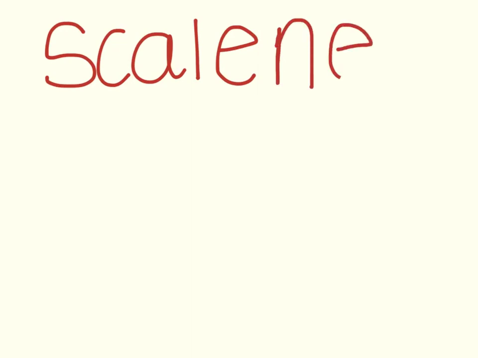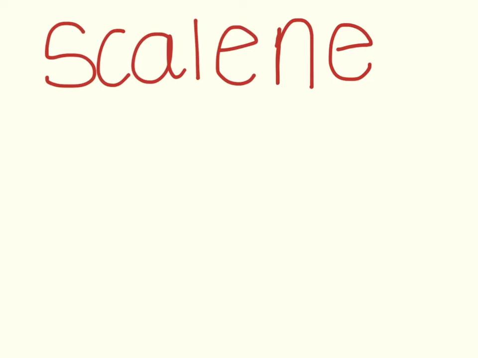If we learn that an equilateral triangle has three equal sides and an isosceles triangle has two equal sides, I'm going to tell you the last one is called a scalene triangle. And I'd like you to guess what it is that makes a scalene triangle different from an isosceles and an equilateral.